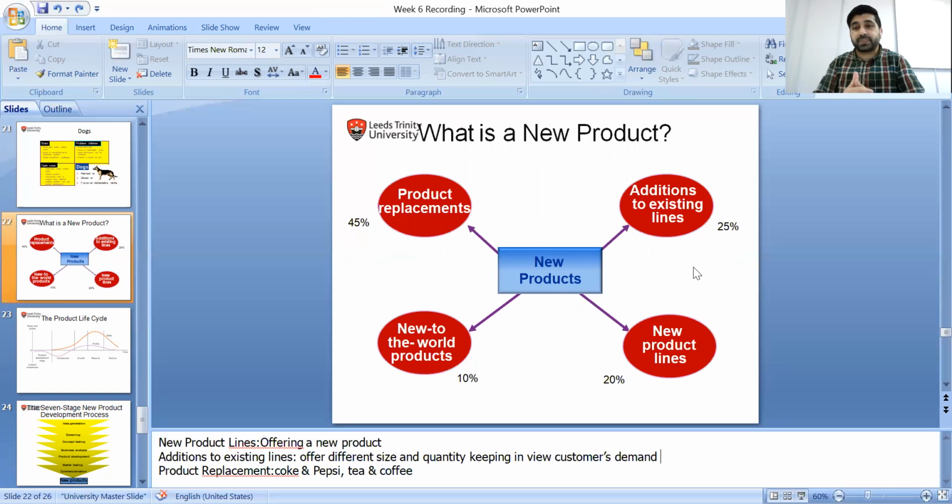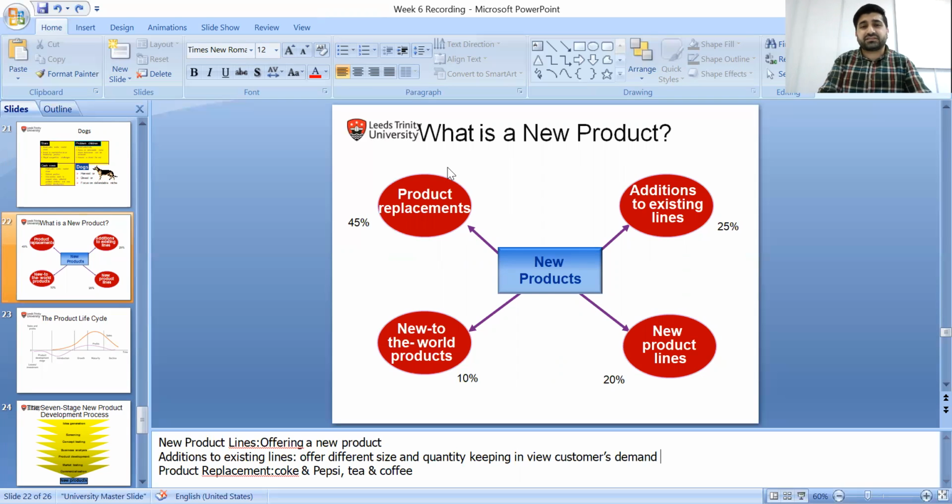For example, Surf Excel, if we have a 1 kg pack, then we will reduce its quantity to 500 gram, or we can increase it to 2 kg. So in addition to the existing line, we just increase or decrease the size, or the quantity of the current product.